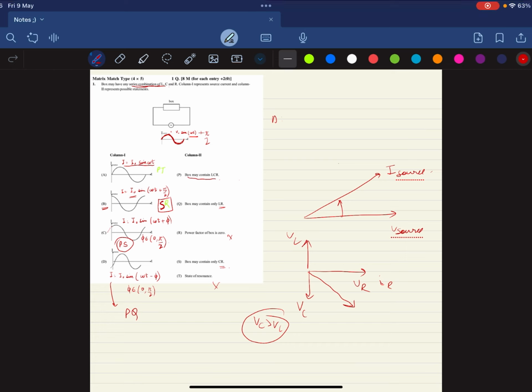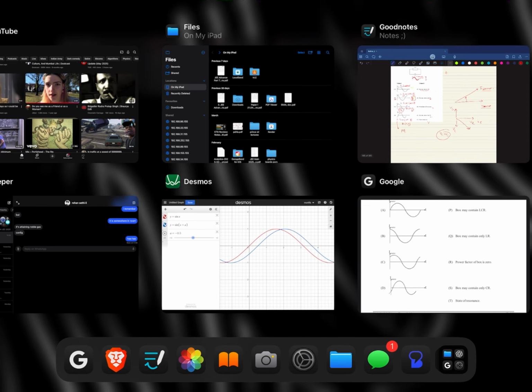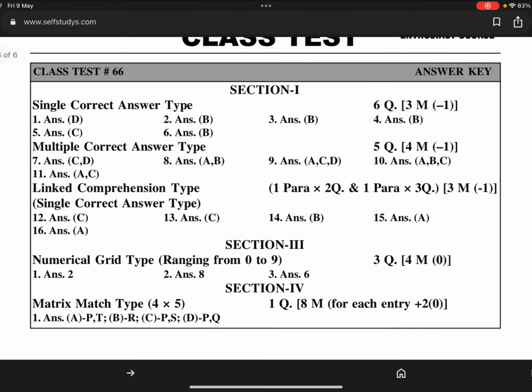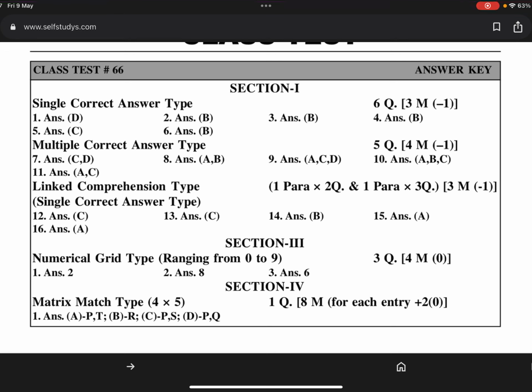This is the 37th question, and yes, A is matched to only P, B to R, C to PS, and D to PQ. They have matched A to only P. What did they match A to? They matched A to PT. Well, let me see the actual answer key of this.